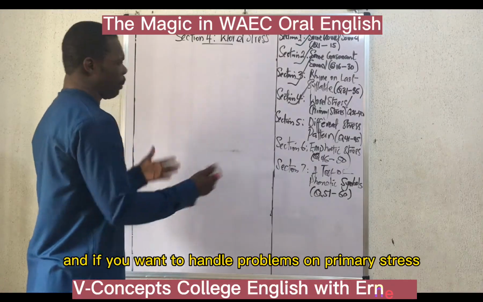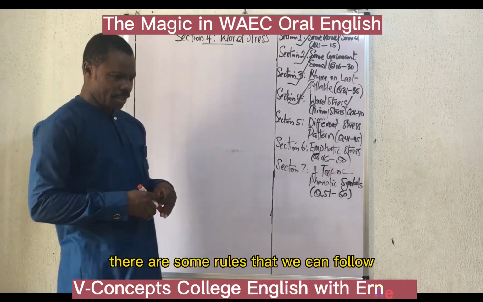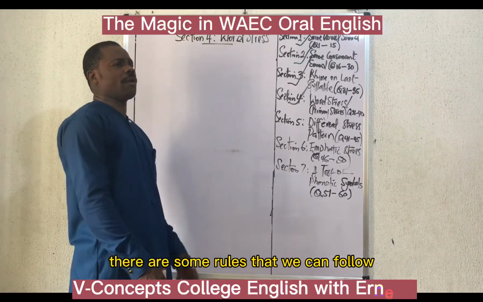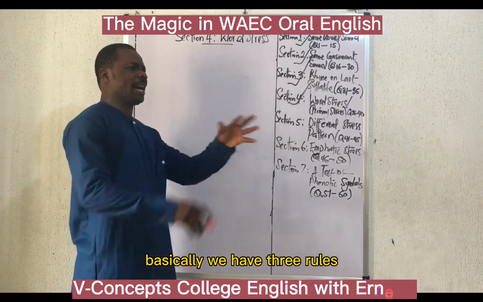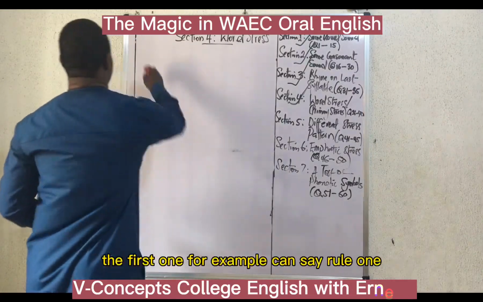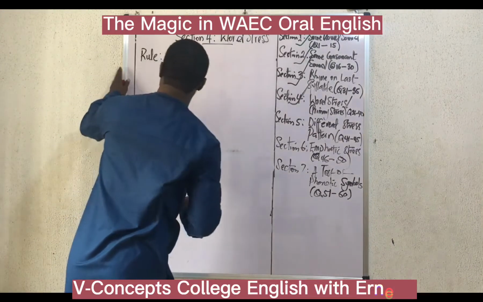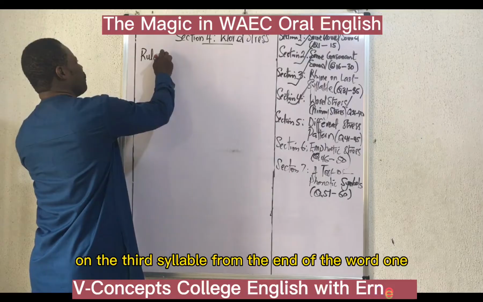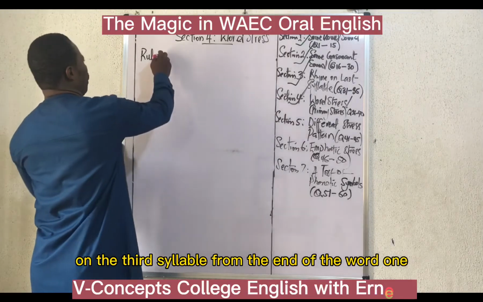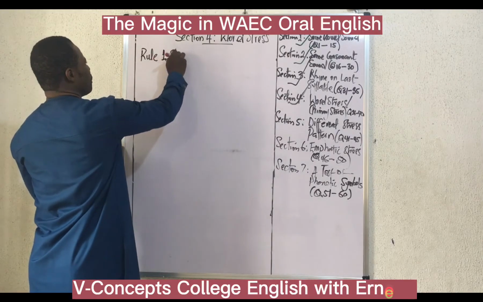And when you want to handle problems on primary stress, there are some rules that we can follow. We basically have 3 rules. Rule 1: place the stress on the third syllable from the end of a word.